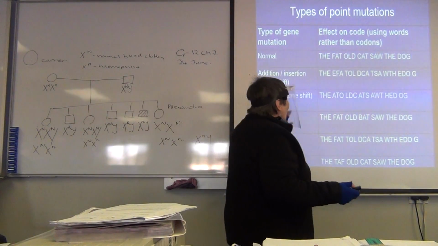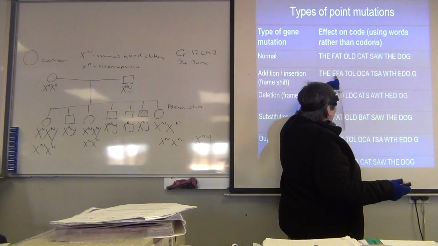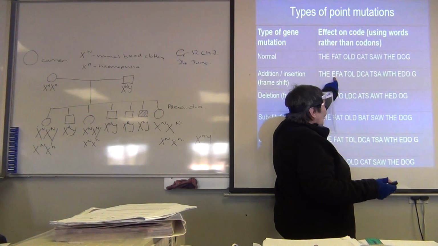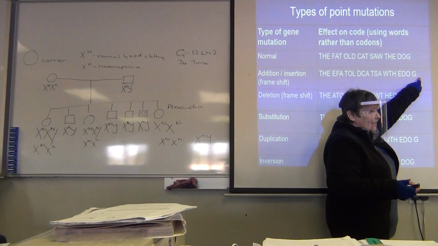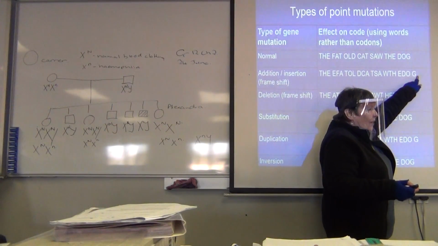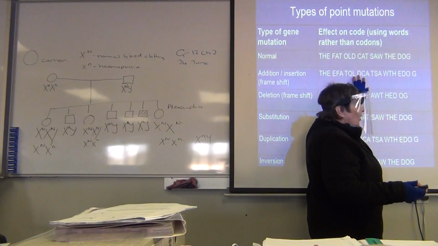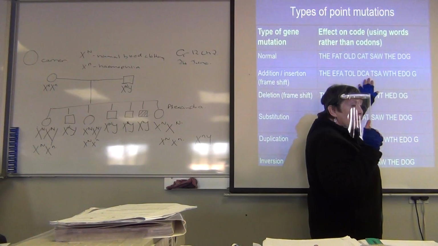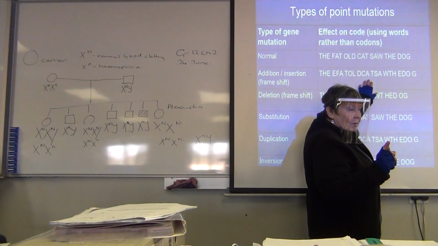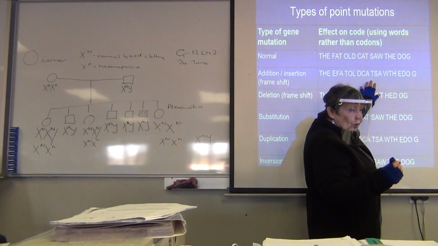Okay, so by adding that E there, do you realize that every codon from there on is messed up? So while these changed codons may code for the same amino acid, it's possible that they won't.